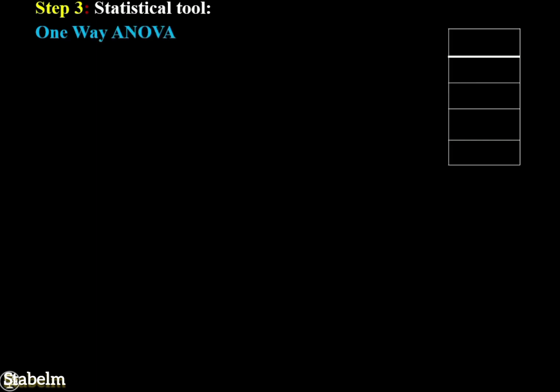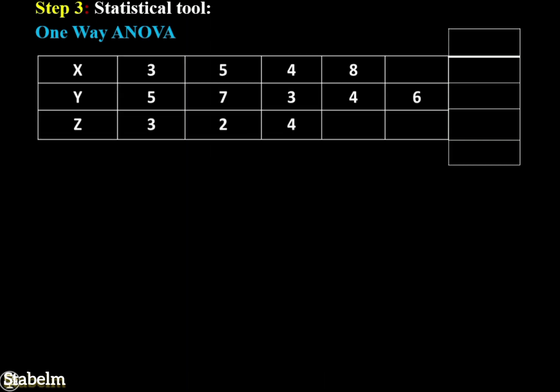Now, introducing the table again, we have this. This is the table we are testing. Before we move further, we need a total for each group. For the first group, we add 3, 5, 4, 8 all together, and this gives us 20.